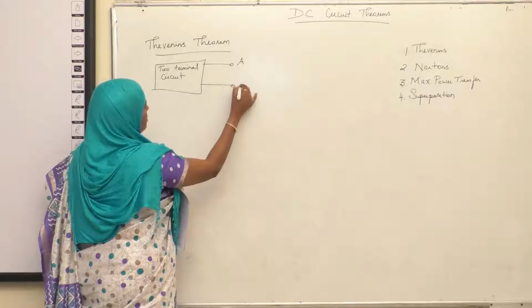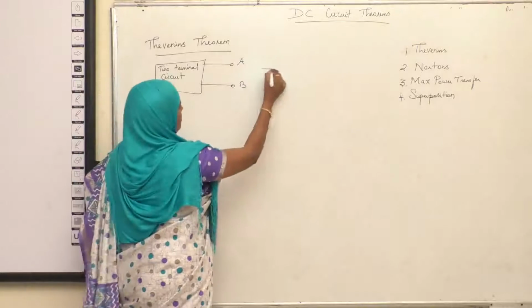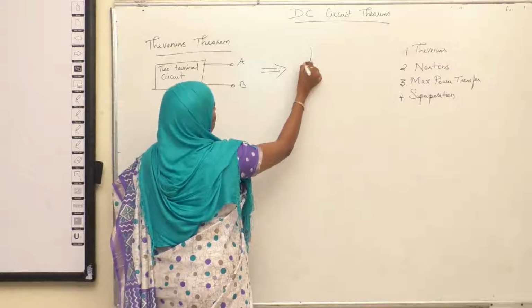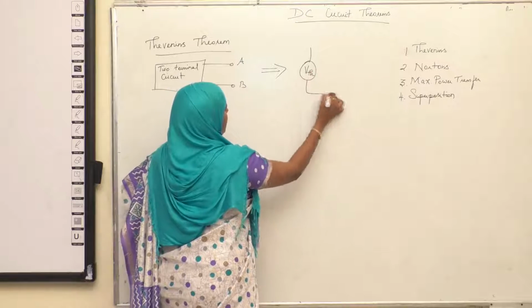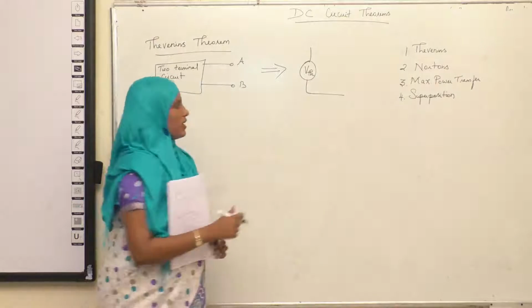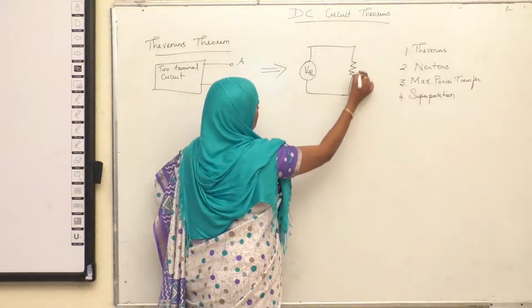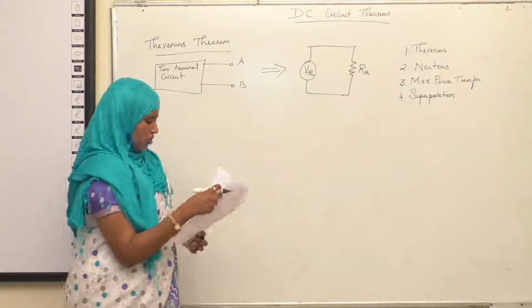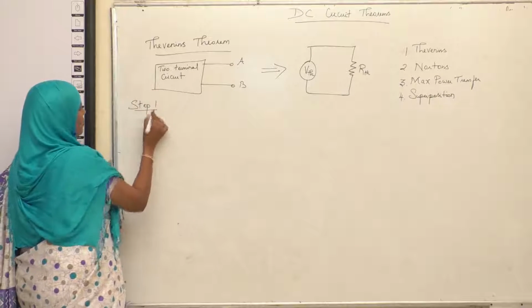The terminals are named A and B. So this can be replaced with Thevenin's circuit which consists of VTH, which is Thevenin's voltage, in series with Thevenin's resistance RTH. So how to solve this? You have four steps.